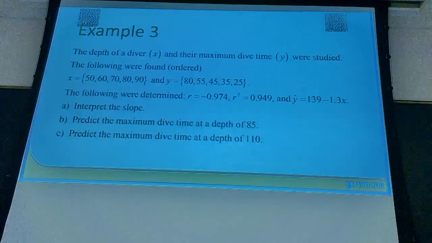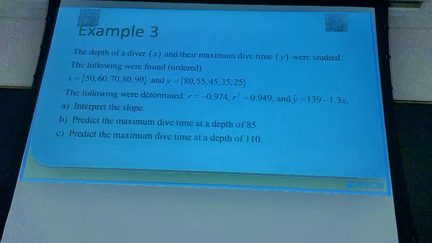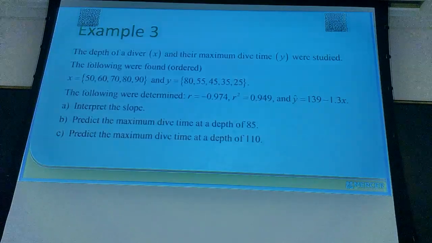Also given all of our information, r squared, and y. We're just going to be asked to interpret that and use that. So the first thing they want is interpret the slope.